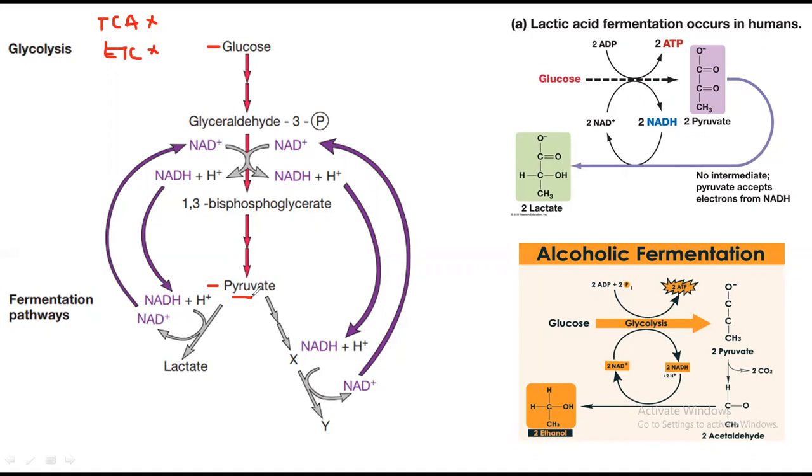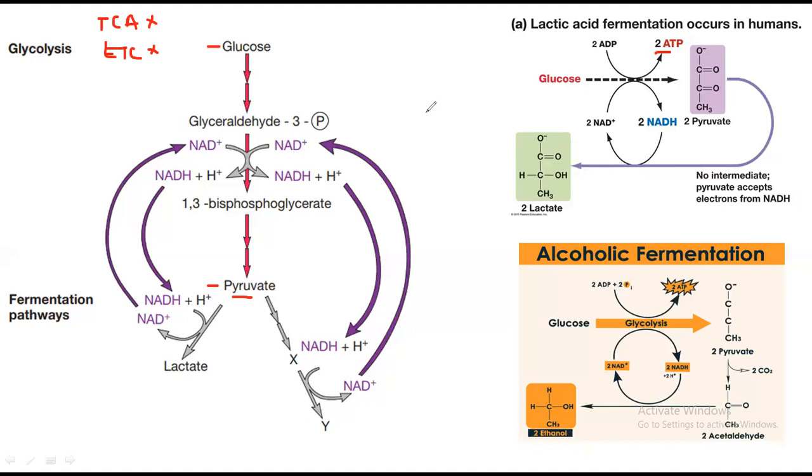In glycolysis we get 2 ATP. There are certain microorganisms that can rely only on these 2 ATP, and this is sufficient for them, so that's why they proceed with fermentation.